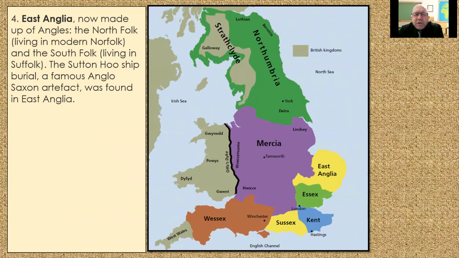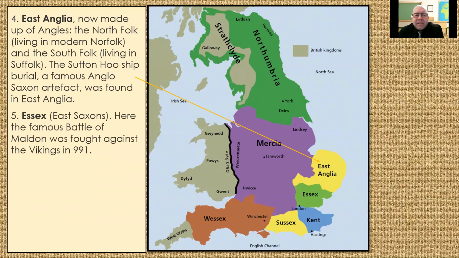So if you're curious about Sutton Hoo, then if you Google Sutton Hoo, you will see a beautiful death mask and lots of other artifacts that were dug up at the time. So a really interesting piece of our history. Okay? And Sutton Hoo is found in East Anglia.